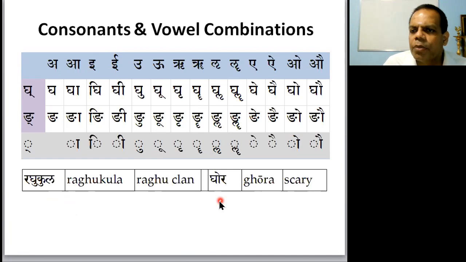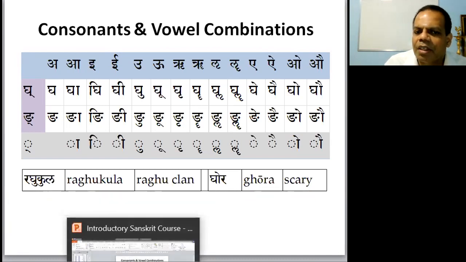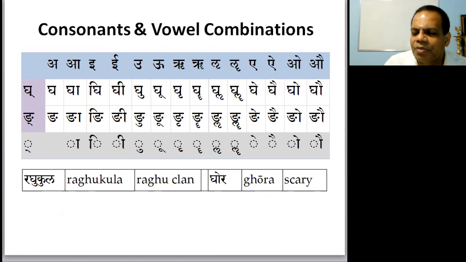The next word is Ghora. Ghora means scary. Anything which is scary is called Ghora. But Aghori is a type of sannyasi or renunciant. I think all of you know, they renounce everything and they don't even wear clothes and things like that. But they are called Aghoris.